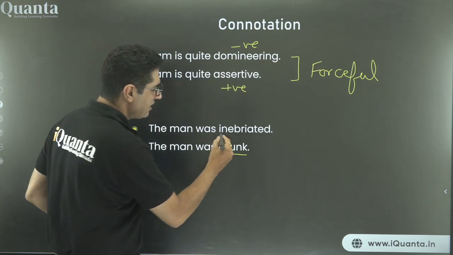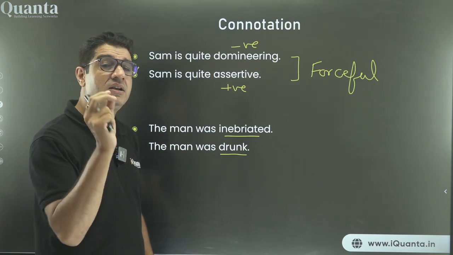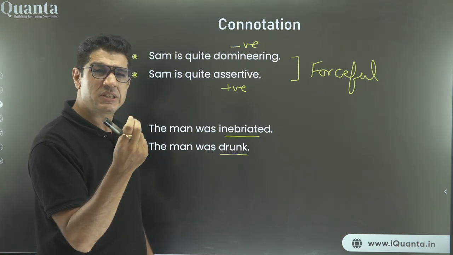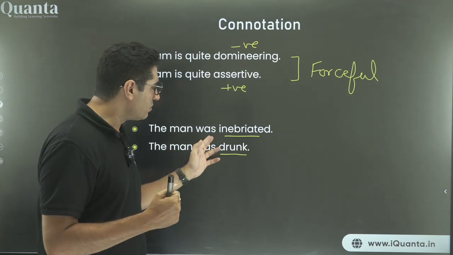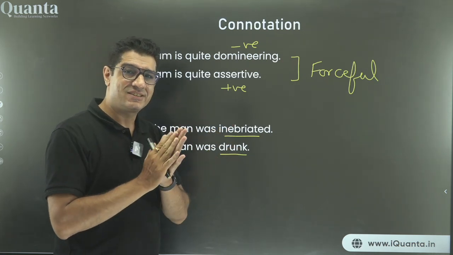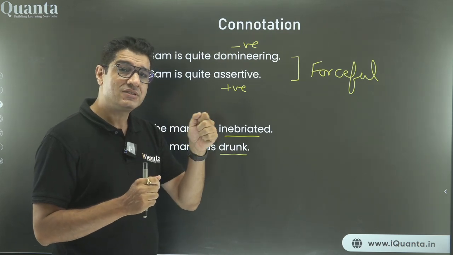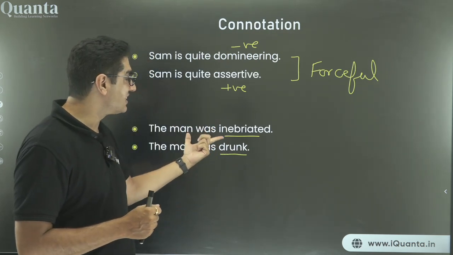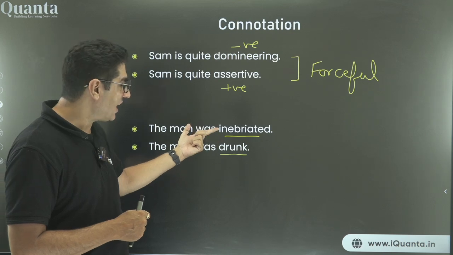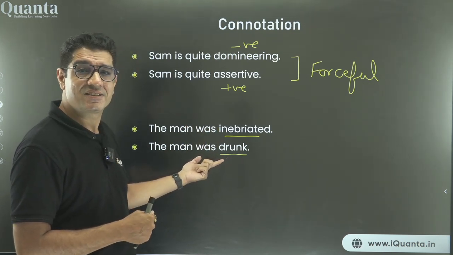On the other hand, when I say inebriated, I am still saying the same thing, but I am using a word which is less negative. I am using a word which is formal. So the intensity of that negative emotion, of that attitude changes. I am not being as negative here. It's mild, whereas this other one is intense.